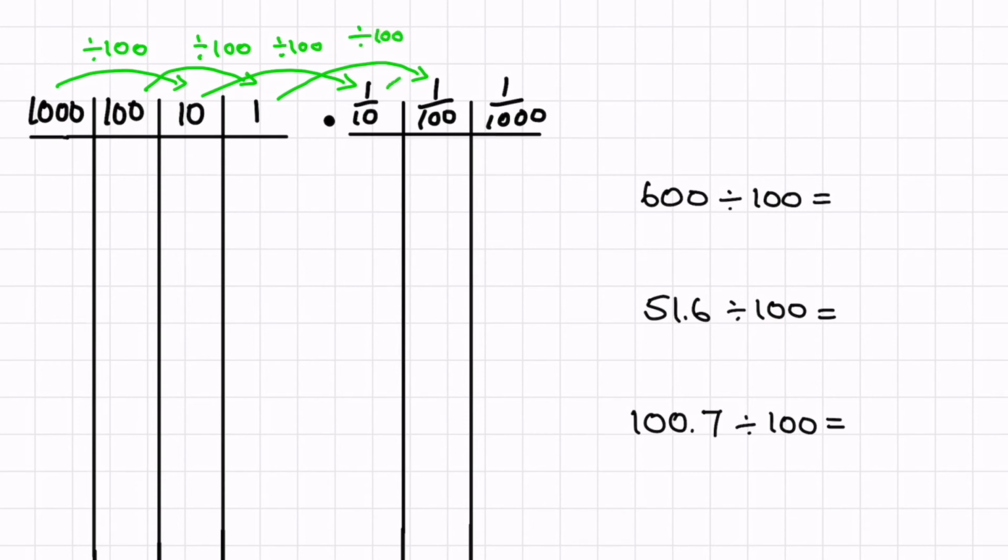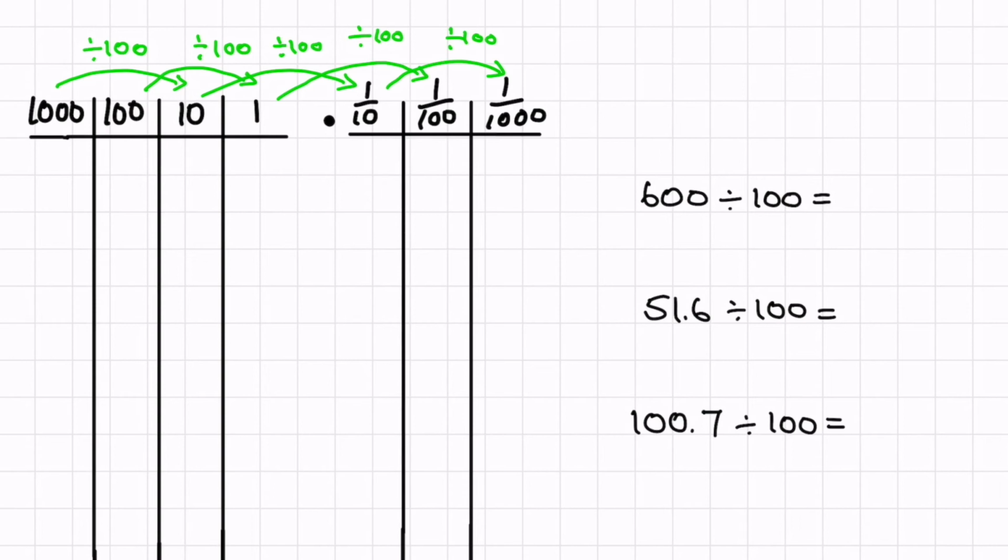And then a tenth divided by 100 is equal to a thousandth. So when we are dividing by 100, the digits in that number are moving 2 columns to the right because of the relationship between the columns in the decimal system.